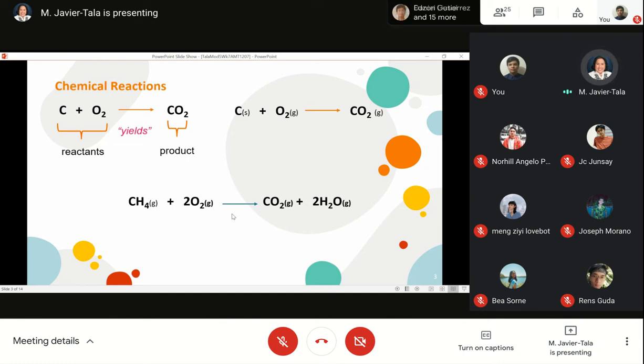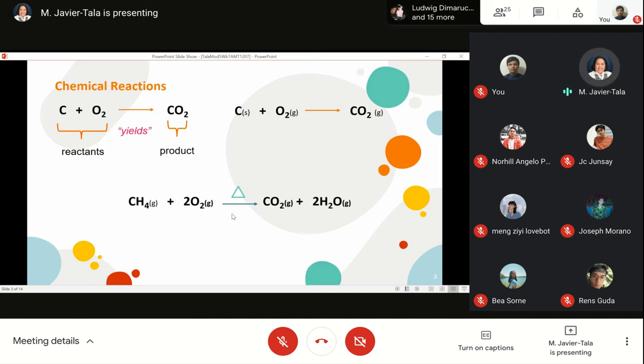Then also, what you should be able to do after this module is this type, where you can balance them. As you can see, there are already coefficients and also in some equations, there may be symbols on top of your arrows. So they can be either catalysts or inhibitors.